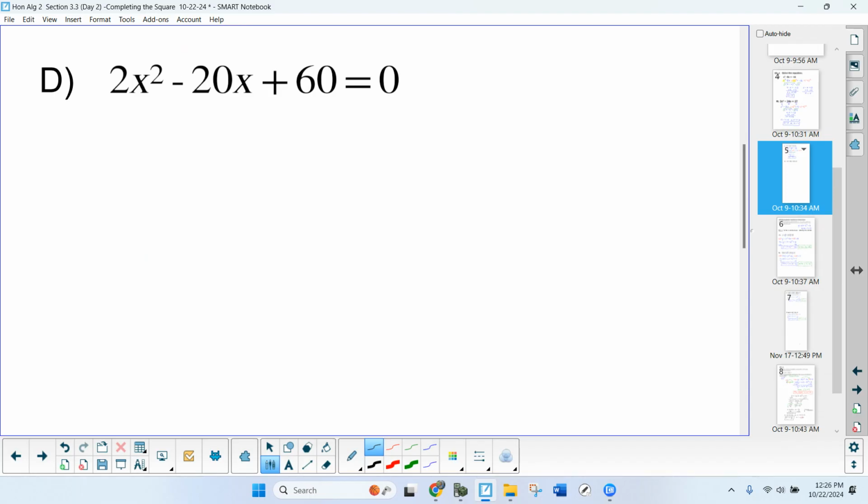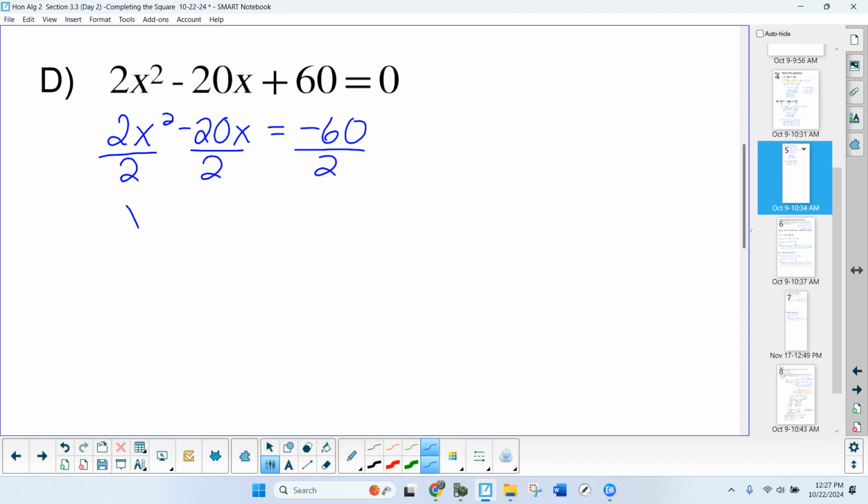Step 1: x is on one side, constants on the other. 2x squared minus 20x equals what? Step 2 is a = 1. What are you guys going to do now since a is not 1? Divide all pieces by 2. x squared minus 10x equals.